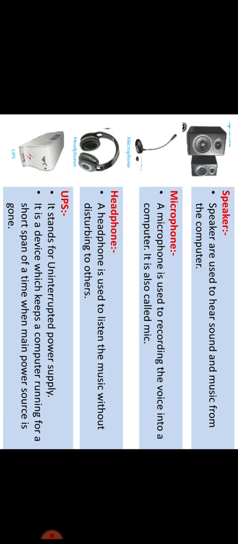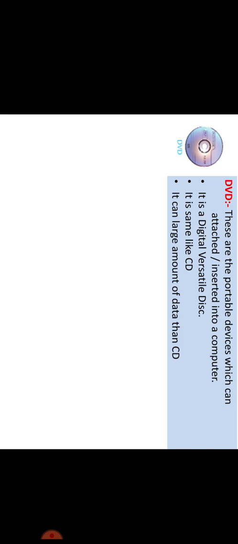Okay. Now the next point is DVD. You know this picture. This is called DVD. What is DVD? DVD is a digital versatile disc. It is the same as a CD. Have you seen the CD?